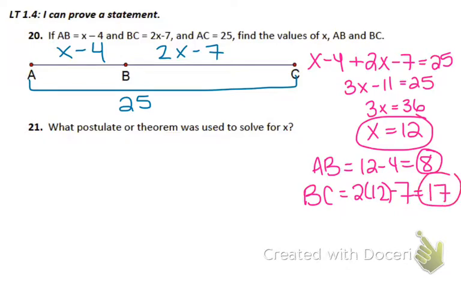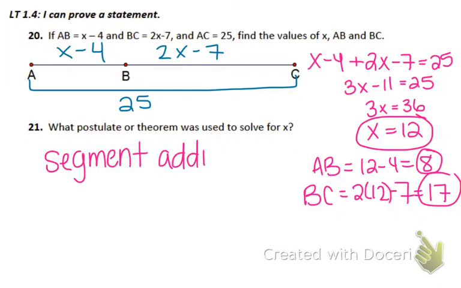So I have 8 and 17. Now another way you can check this is if I add 8 and 17 together, does it give me 25? It sure does, so that means I did it correctly. And as I said before, it was the segment addition postulate that allowed us to solve for x. So segment addition postulate.